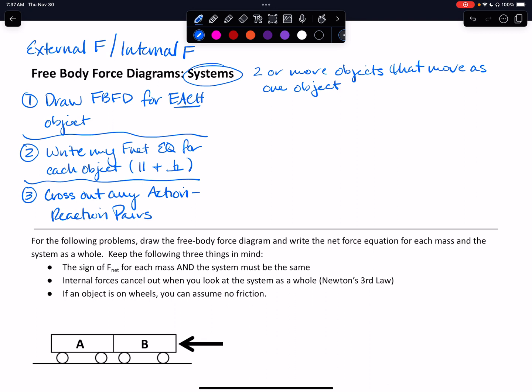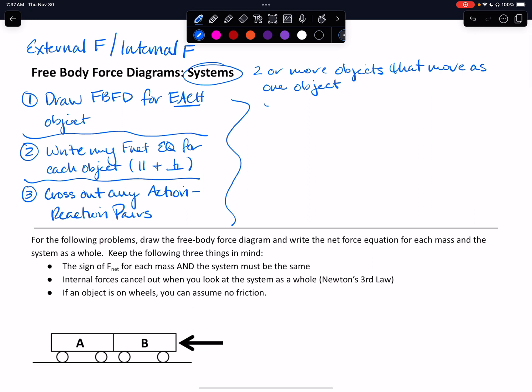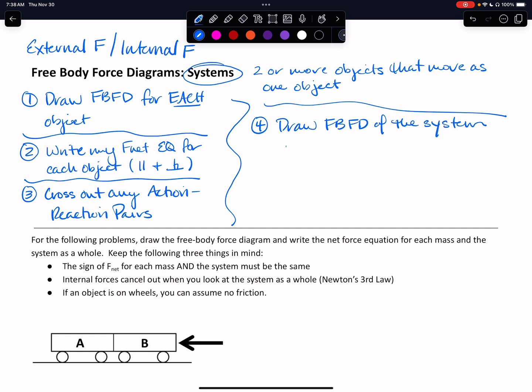Once I finish crossing out those pairs, I'm going to look and see what's left, and I'm going to draw my free body force diagram of the system and then write the FNet equation based on that diagram.